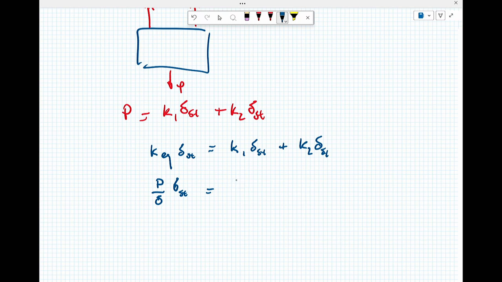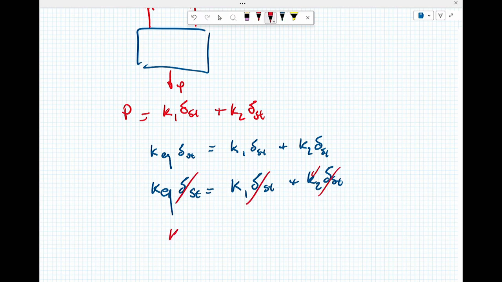The force over all of them is going to be the same, so it'll be K equivalent delta static equals K1 delta static plus K2 delta static. And in that case, K equivalent for the parallel case is K1 plus K2.